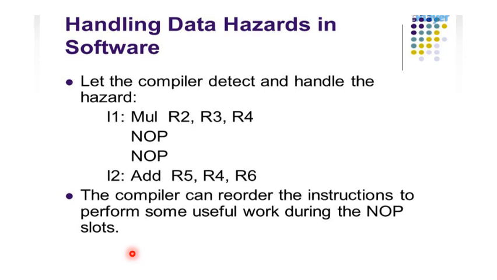An alternate approach is to leave the task of detecting the data dependency and dealing with it to the software. In this case, the compiler can introduce the 2-cycle delay needed between instructions I1 and I2 by inserting a simple no operation, NOP, as it is shown here.